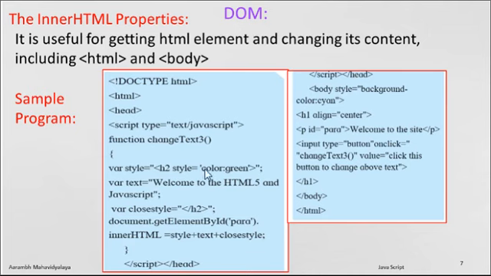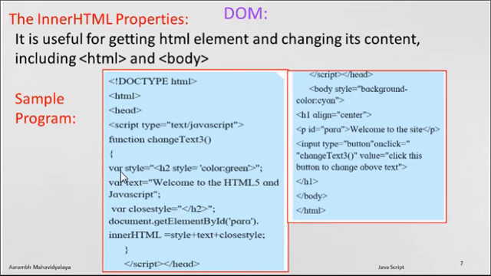For example, here see a script type text/javascript function changeText3. Here it is a user defined function changeText3. Here the round bracket is used to indicate it as a function. Then this is the opening curly bracket to indicate the function body.